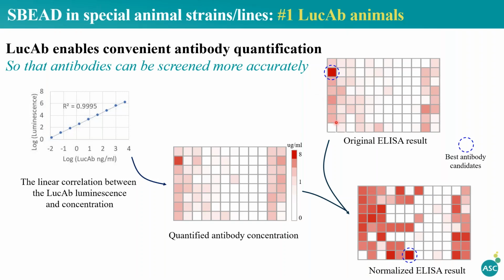You can quickly measure how many antibodies were originally added to the ELISA assay, and then the ELISA assay can be normalized to get the new result. The normalized result showed a different well showing the strongest binding, which should correlate to the antibody affinity more accurately.